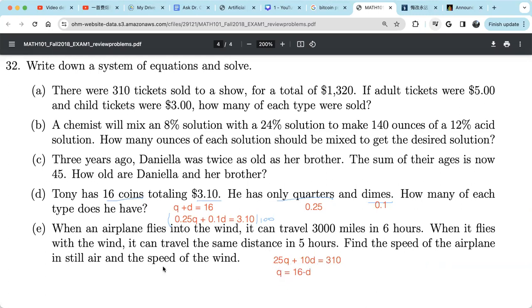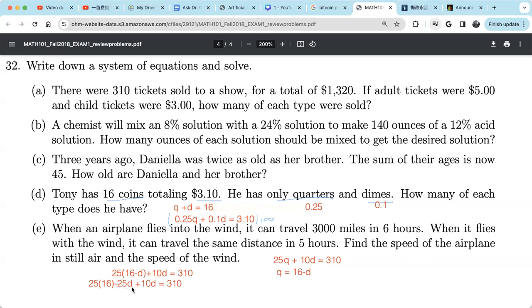Now with those two equations, we can use the substitution method. Substitute Q, the equivalent, into the first equation. So I have 25 times Q, which is 16 minus D, plus 10D equals 310. This becomes a linear equation. I just have to multiply some big numbers. So 25 times 16 minus 25D plus 10D equals 310.